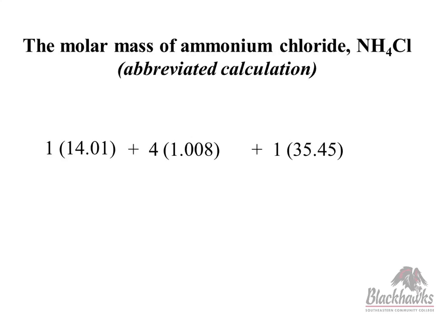Its decimal number is 35.45. I would round to 2 decimals whatever my calculator displayed, because it would give me a 3rd decimal since that hydrogen is tagging along. 53.49 grams per mole, the molar mass of that compound. Not too bad.